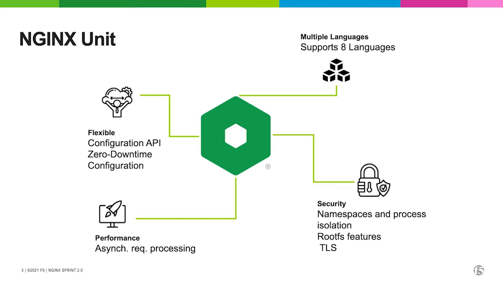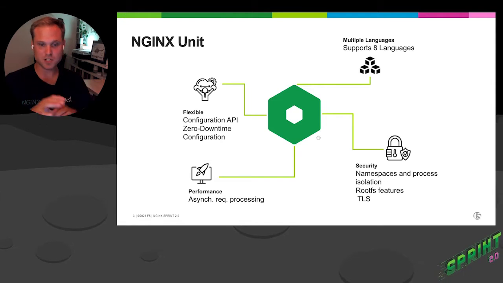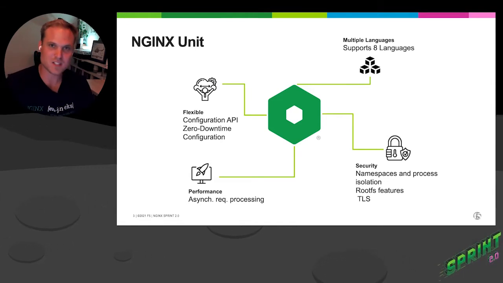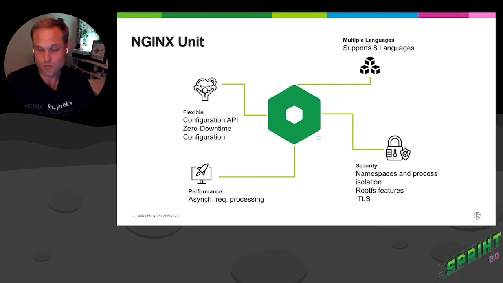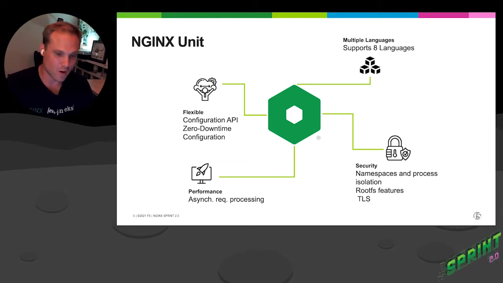That's pretty cool. This polyglot application server, what does it stand for? By today we support 8 different languages. So that means that your applications can be written in 8 different languages, and all those can be hosted on a single Nginx Unit instance.